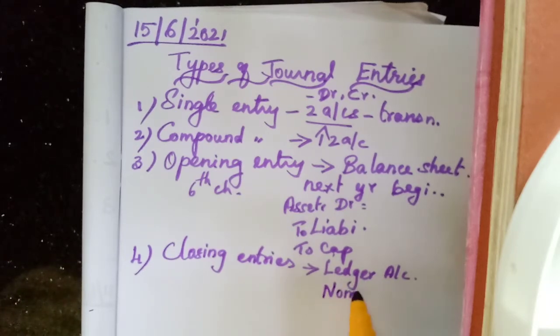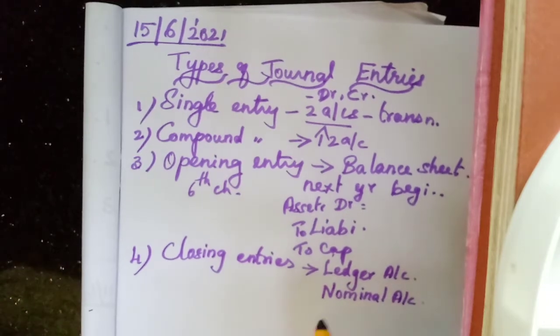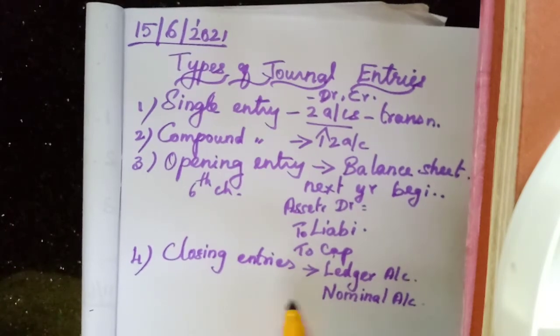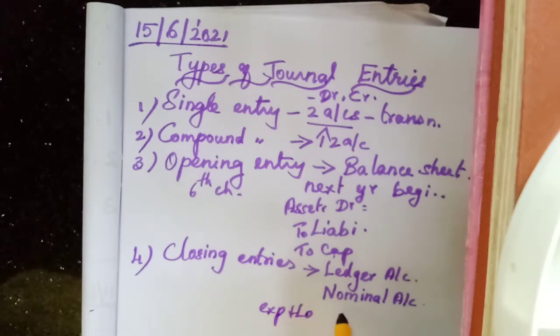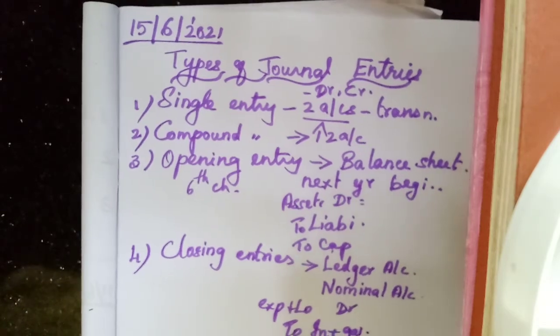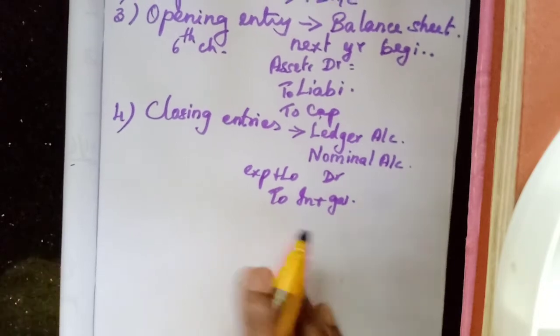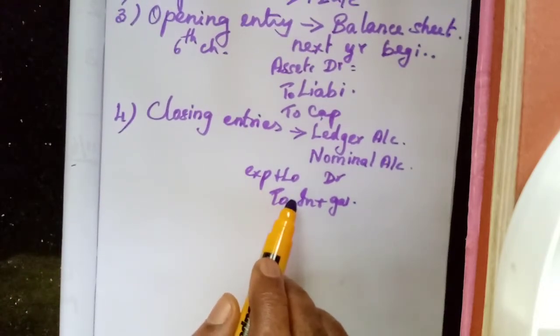In nominal accounts, all the expenses and losses must be debited and all the income and gains will be credited. Then this will be transferred to the profit and loss account. That is called the closing, that transferring entry.